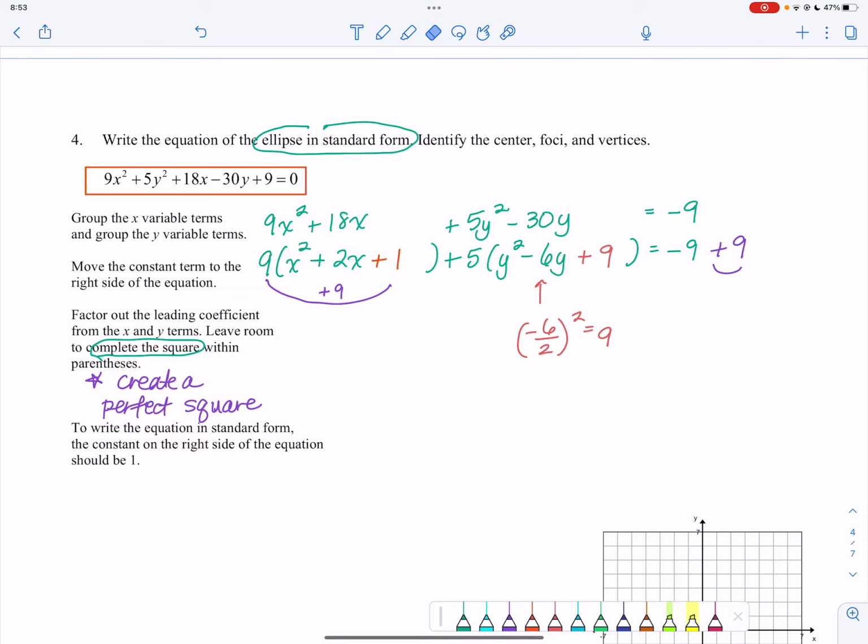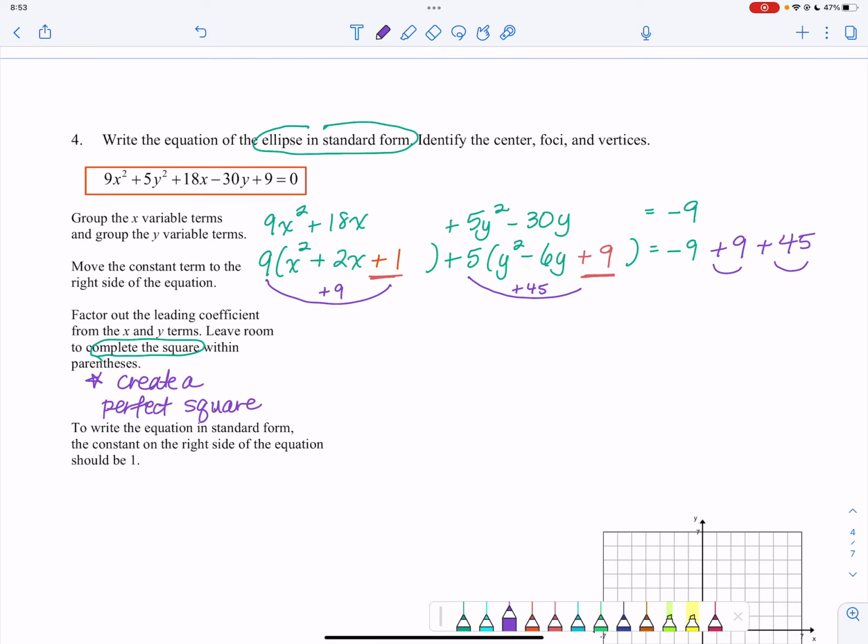Half of b and square it. Okay? So now, what did I just add to this side? I really just added 45 to the right-hand side, so I have to add 45 to the left-hand side. So whatever you add to the right side, you have to add to the left side, okay?